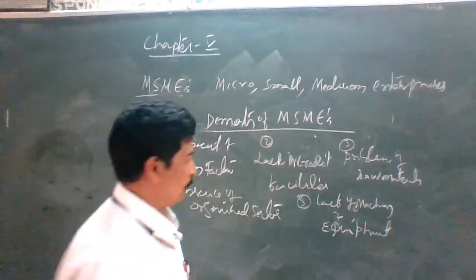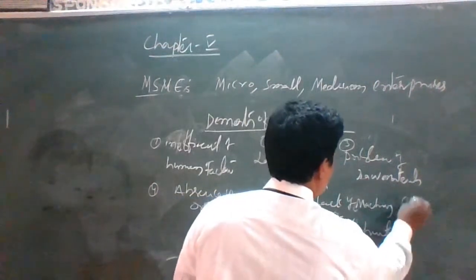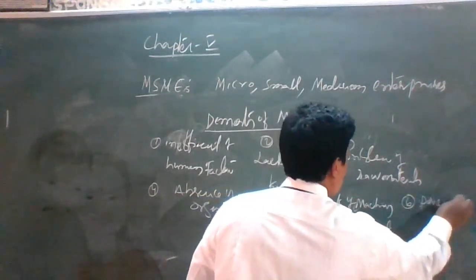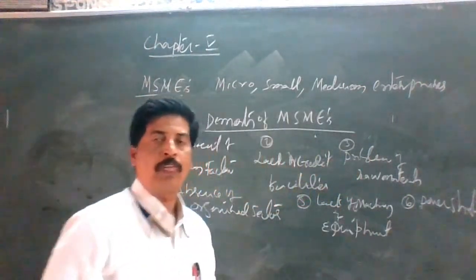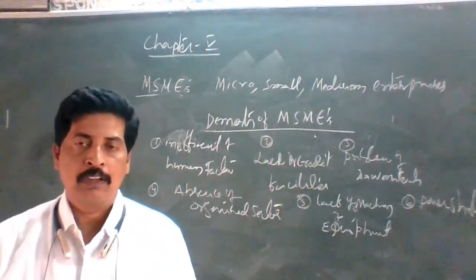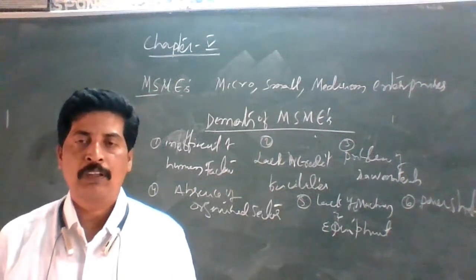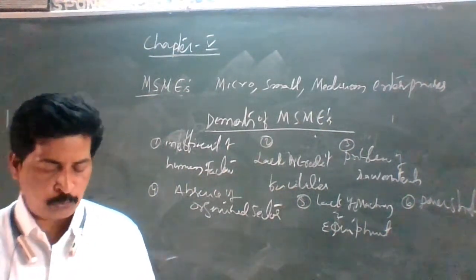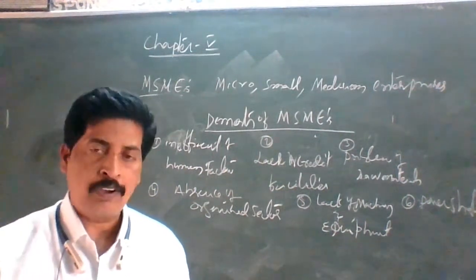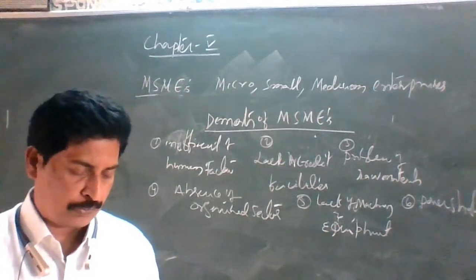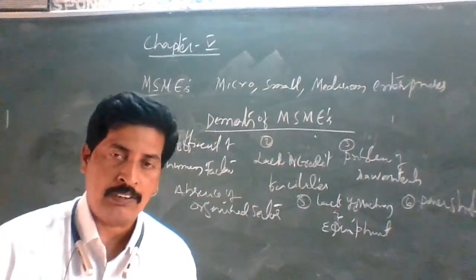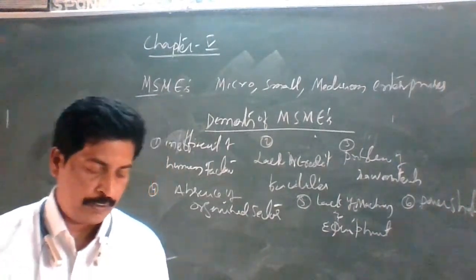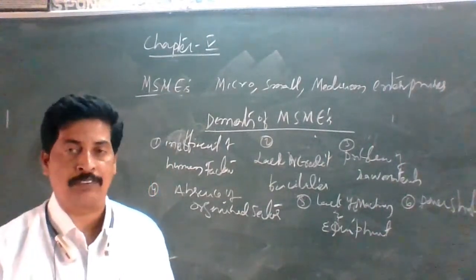And power shortage. Many times there is breakdown of power, lack of power supply, and frequent occurrence of power cuts, which affects the growth of small scale industries. And lack of technological upgradation.